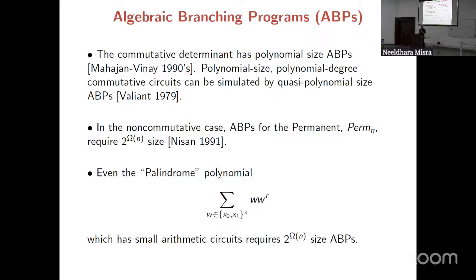So non-commutative ABPs are much weaker. Small arithmetic circuits, you can easily construct one. And ABPs are nearly as powerful as small degree circuits in the commutative setting.